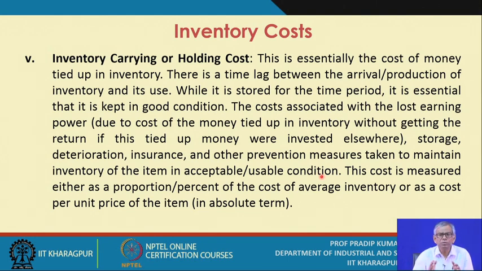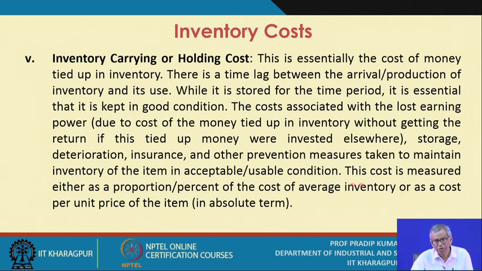So these cost elements you need to identify, these activities which you carry out for upkeep and maintenance of the items in your stores. So these activities are to be identified, corresponding cost estimates you must be aware of, and then you get an idea about the estimate of the inventory carrying or holding cost. So this is an important cost. This cost is measured either as a proportion or a percent of the cost of average inventory.